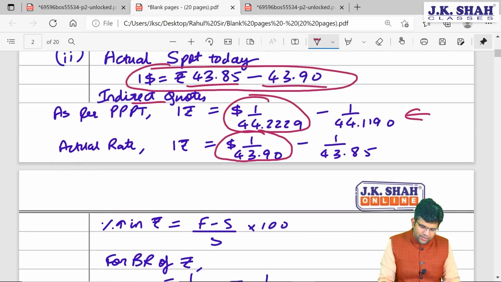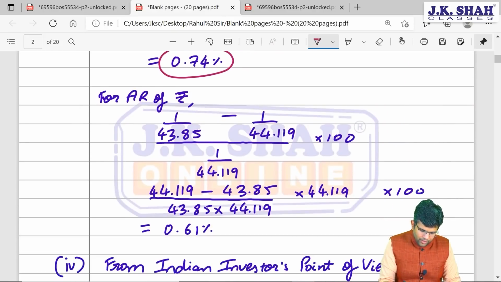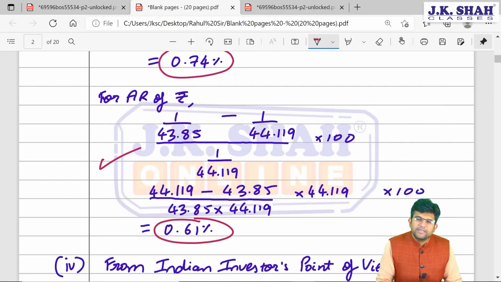And the same if we check for the ask rate, 1 upon 43.85 minus 1 upon 44.1190 upon 1 upon 44.1190 will give you appreciation of 0.61% in the ask rate for rupee.